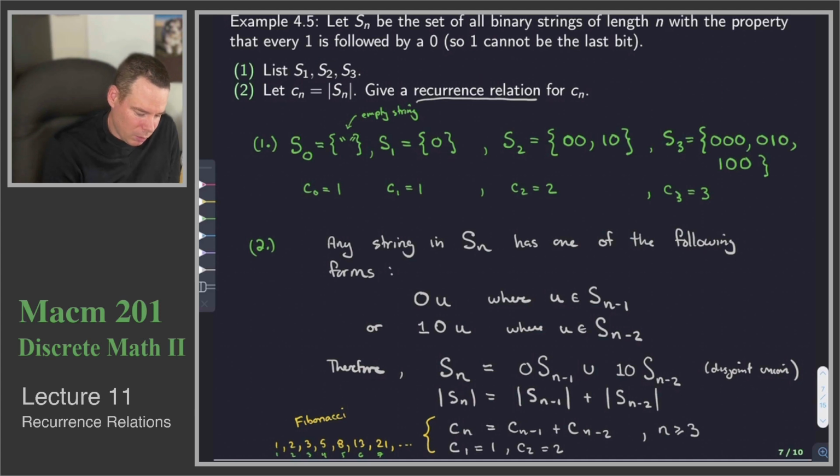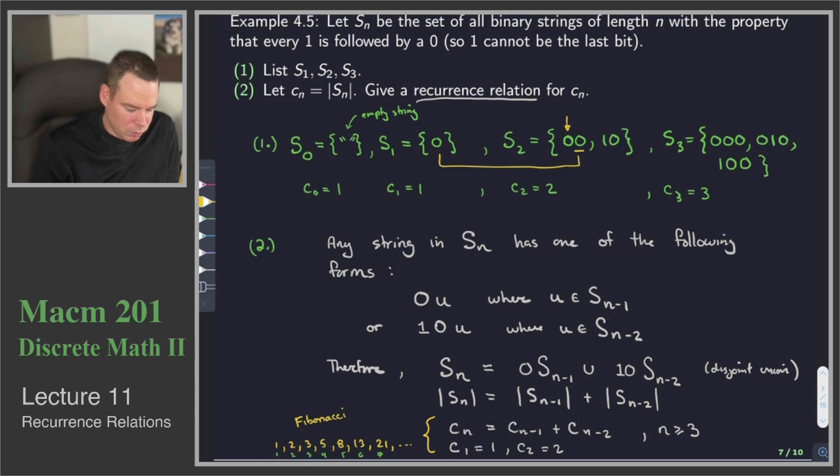Because if we think about how we built up these strings here, the way we did it was we took the prior string and we just inserted a 0 in front of it. So that gave us this first one here, where that came from there, and then we just appended a 0 in front.